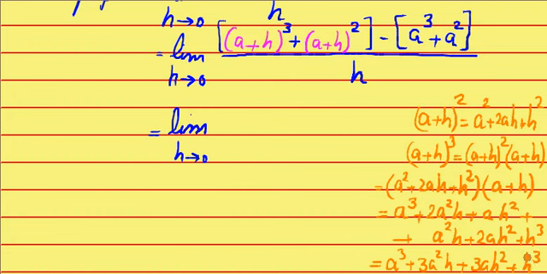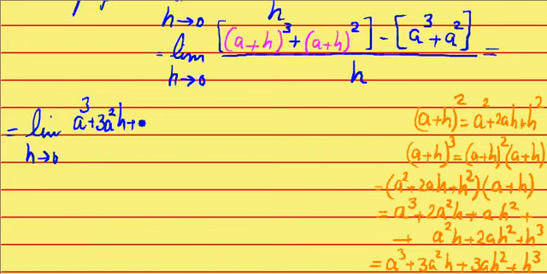I need to give myself room, so let me write here. So that expression that I have here is equal to the limit of h going to 0, numerator: instead of a plus h cubed, write all this mess here, a cubed plus 3a squared h plus 3ah squared plus h cubed, plus a squared plus 2ah plus h squared.